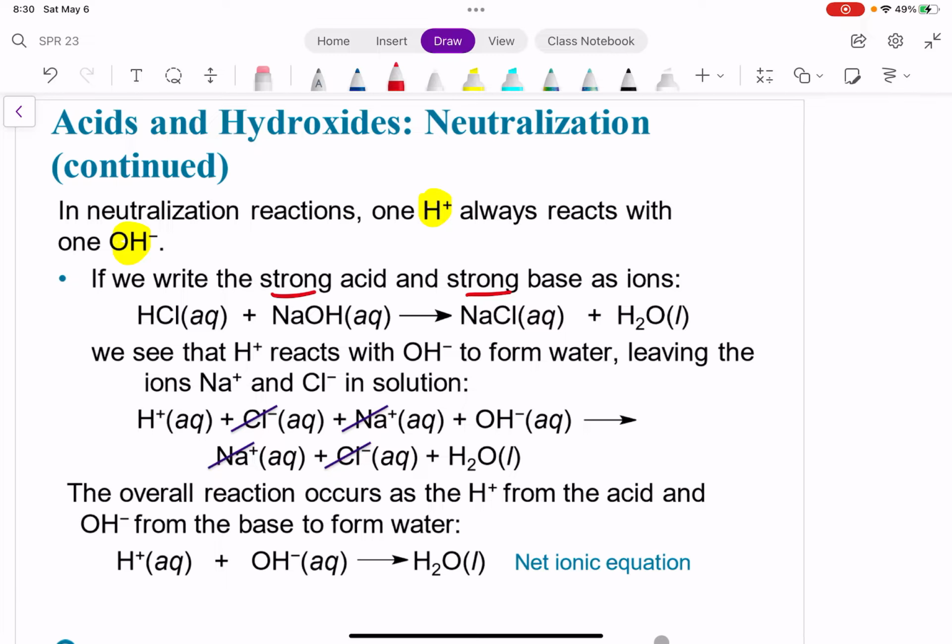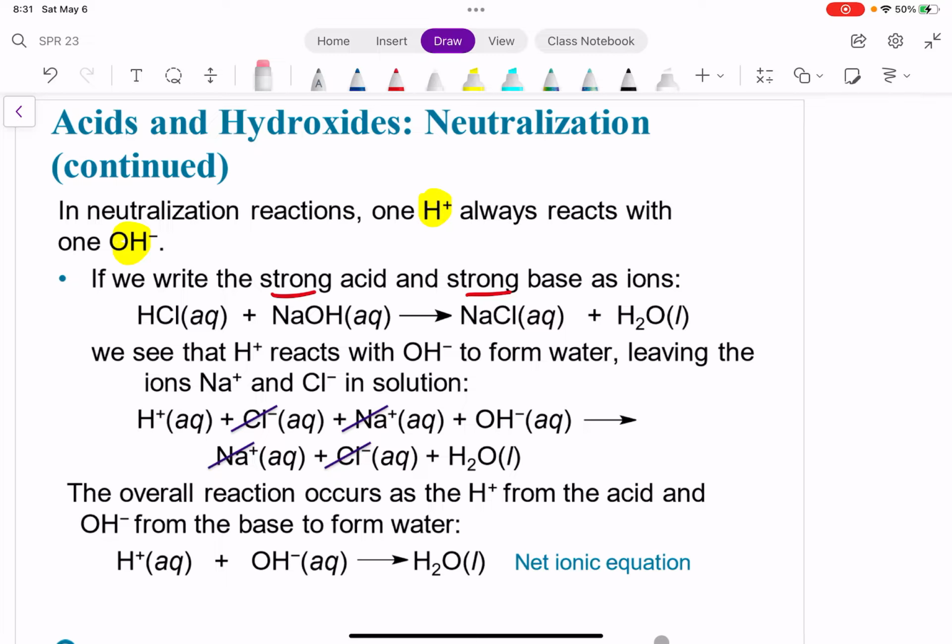So we get an H+ completely dissociating from our Cl-, and our Na+ completely dissociating from our OH-. Again, we're not going to get too far into the weeds on that yet. But if you were looking at that and thinking, what the heck is a strong acid, strong base? That's kind of the basic definition.